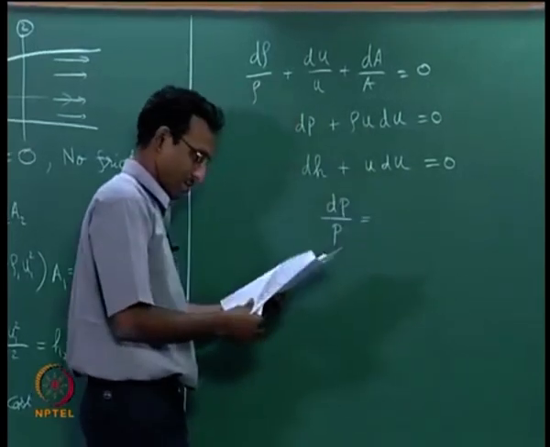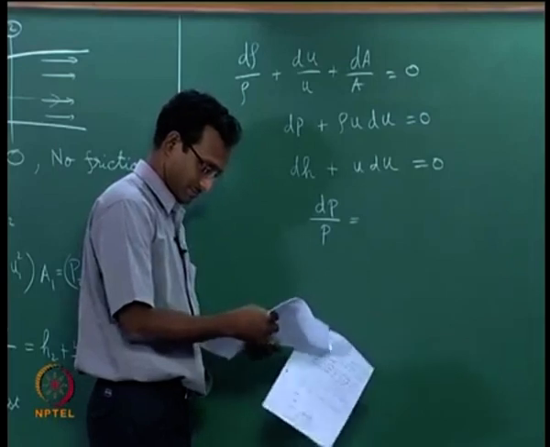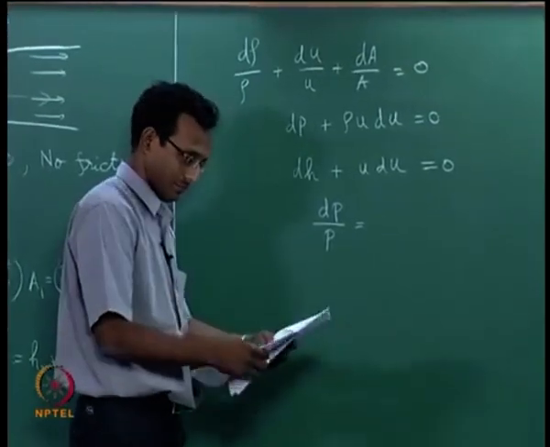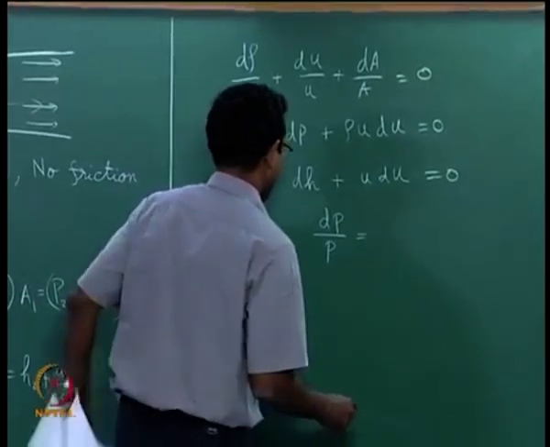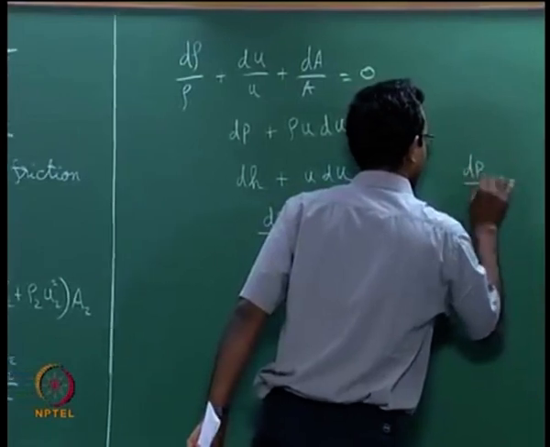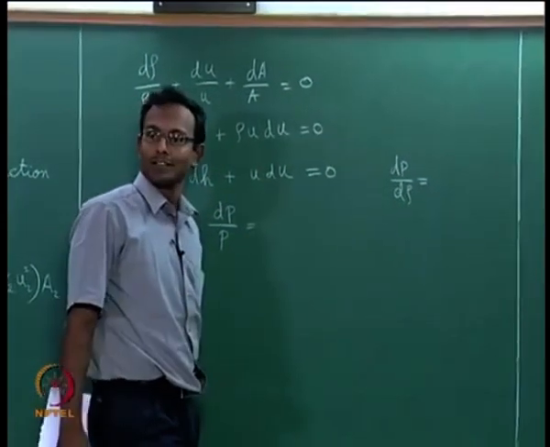What will this be? dP by P. Anybody directly remembers it? If you do not remember this, the easy way to derive it is: dP by d rho is what for isentropic?